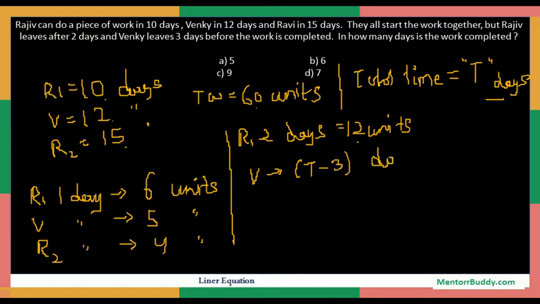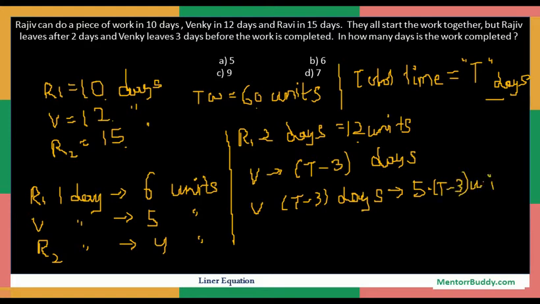Venki must have worked for T minus 3 days because Venki left 3 days before the completion. So if Venki in 1 day finishes 5 units of work, then Venki in T minus 3 days will finish how much? 5 into T minus 3 units of work.